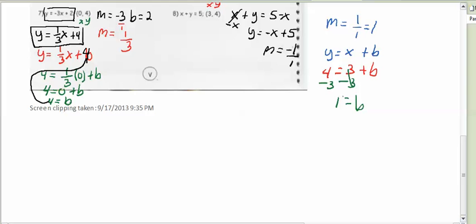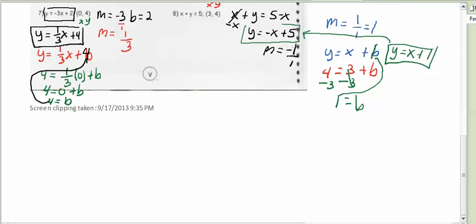Take that 1 and substitute it right here. So we have y is equal to x plus 1. And that is the line that is perpendicular to this line. Alright, that is parallel and perpendicular lines. See how you do.